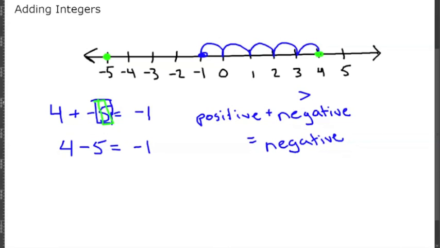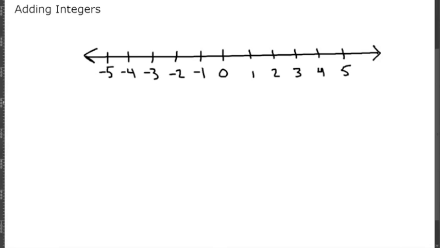Let's look at one more example. Negative 2 plus negative 2 equals what? Well, we're starting here at negative 2, and we're going negative 1, negative 2. So negative 2 plus a negative 2 equals negative 4.